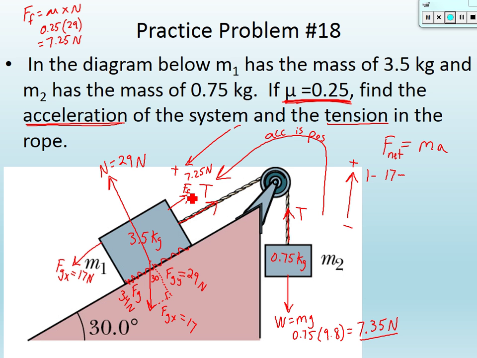The force of friction is 7.25. And we also got to subtract off tension in the rope because that's going up the ramp. And that's going to be equal to the mass, which was 3.5, times the acceleration.